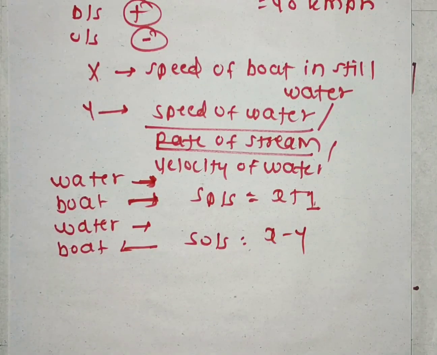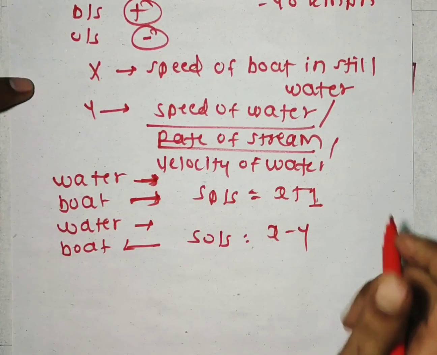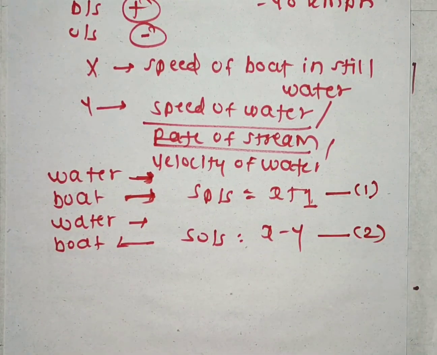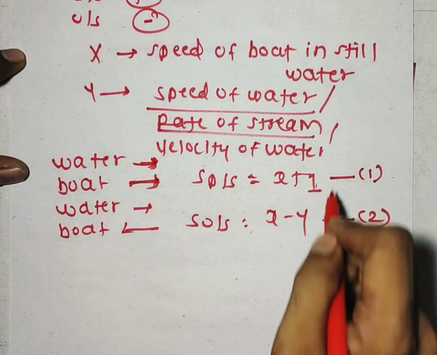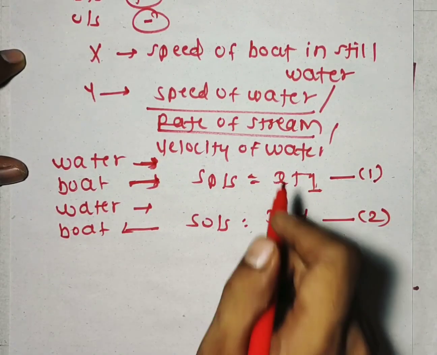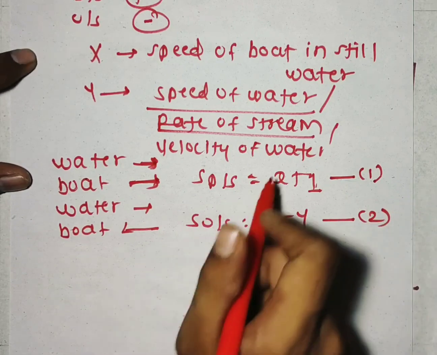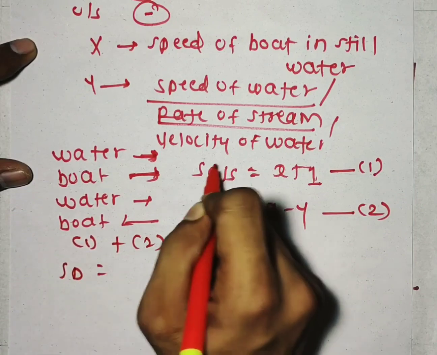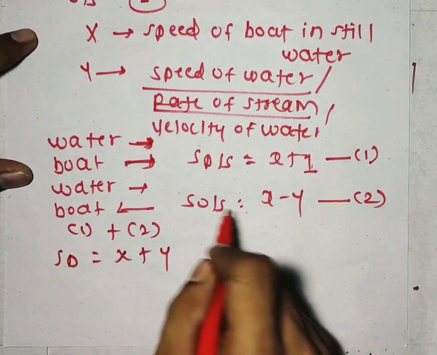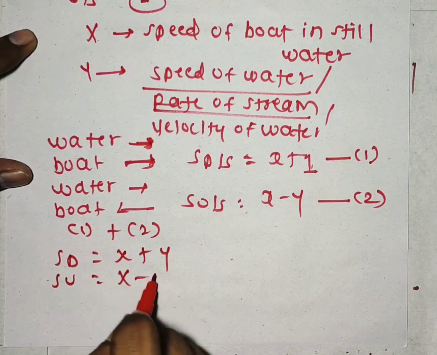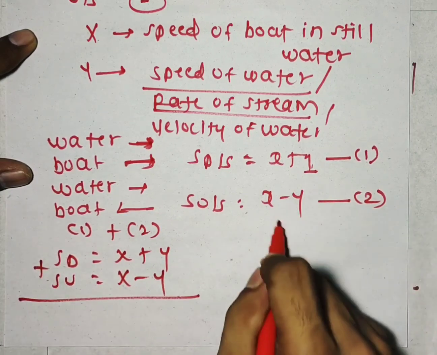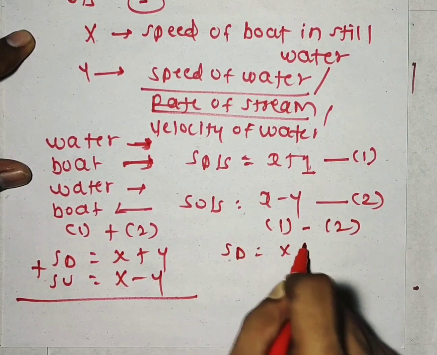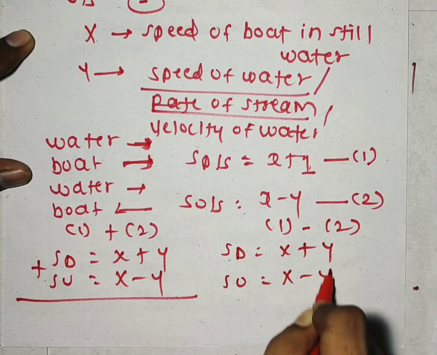So this is all. Now I can call this equation number 1, and this equation number 2. We just have to add these two equations and subtract these two equations in order to get the values of x and y respectively. If I add equations 1 and 2, downstream speed SD is equal to x plus y and upstream speed SU is equal to x minus y.